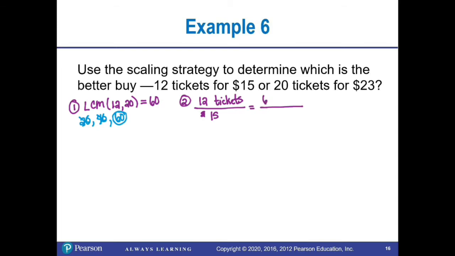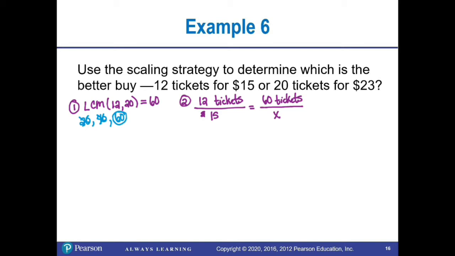I want to know how much 60 tickets is going to cost. So I have 60 tickets on top and X for my cost on bottom. Notice again in my proportion, tickets are on the top in both of my ratios on both sides, and the cost is in the bottom on both sides.